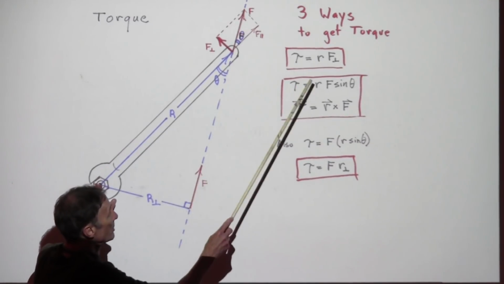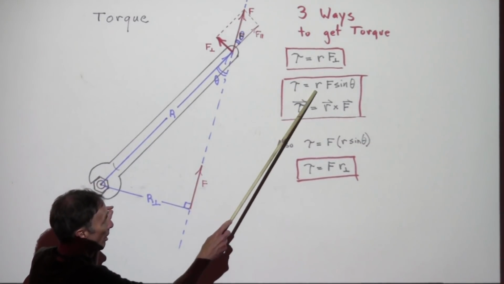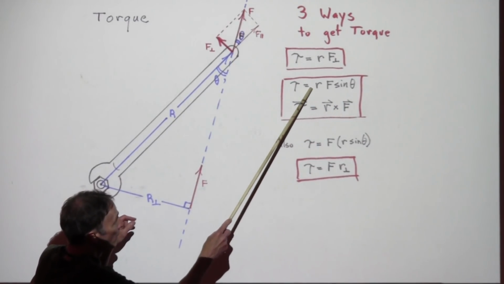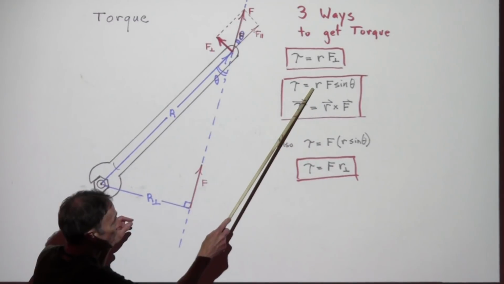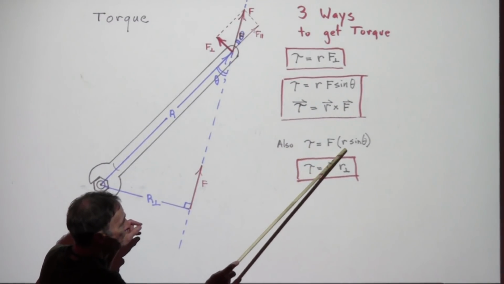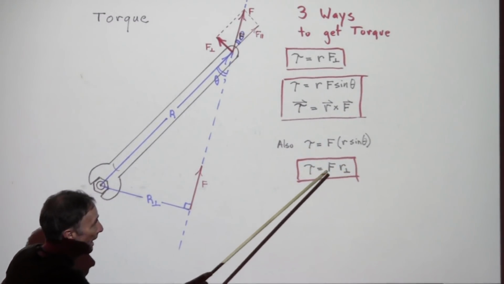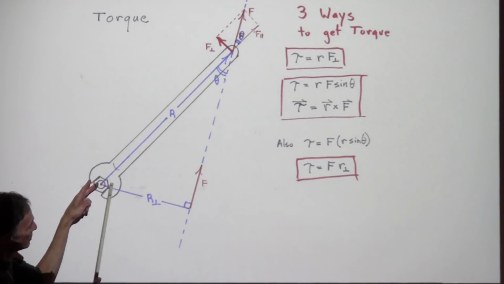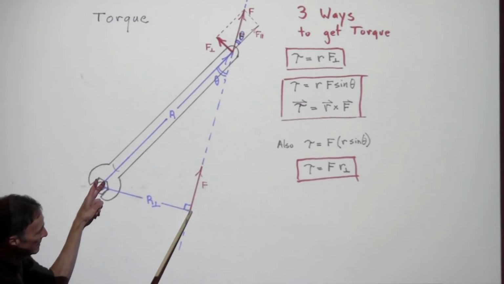If we kick in an additional angle, this is more general, R F times the sine of the angle. But then we can rearrange terms. With this we can go F times R sine theta, and R times the sine of theta is going to be this perpendicular distance.